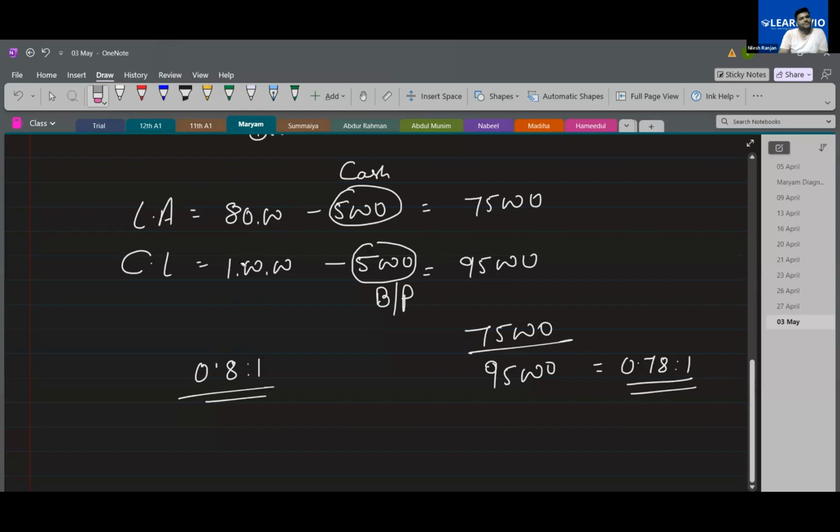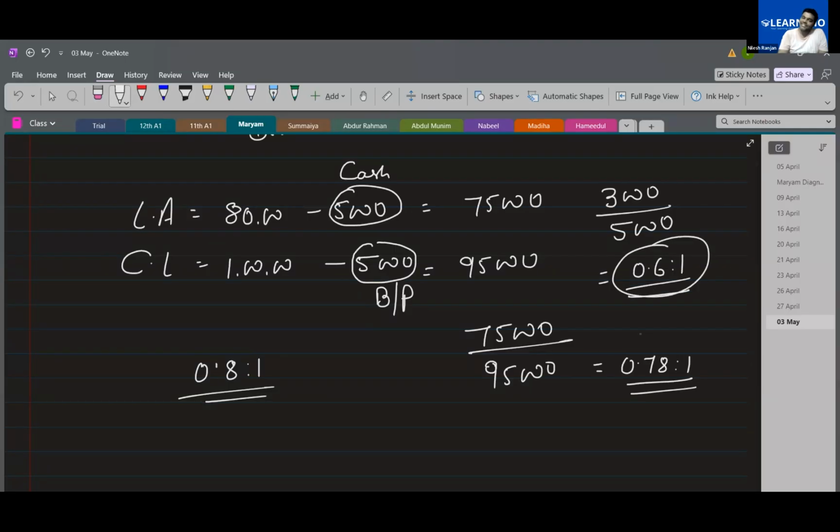Now minus 5,000 and minus 5,000. It will be 3,000 liquid asset and 5,000. So it will become 0.6 is to 1. So see, in the same situation, I have taken a different amount and the ratio changed more.